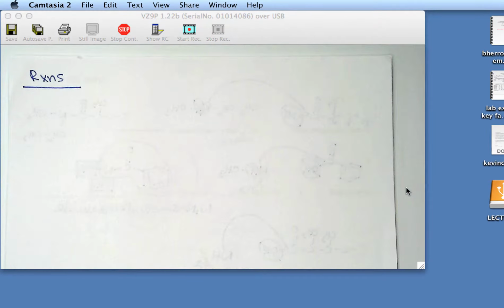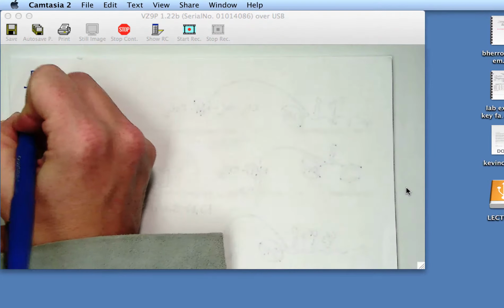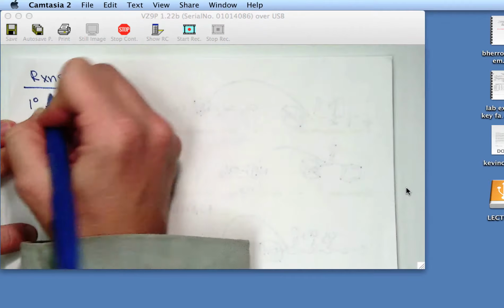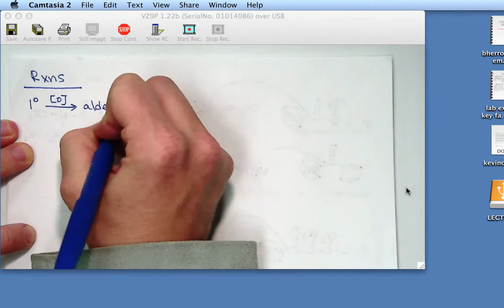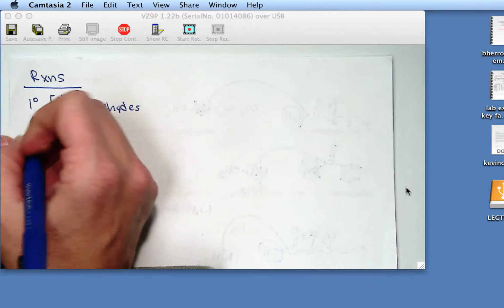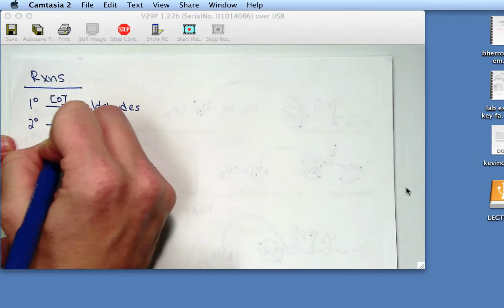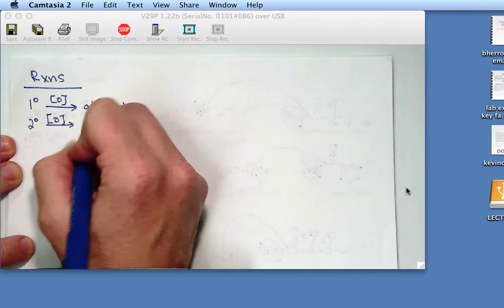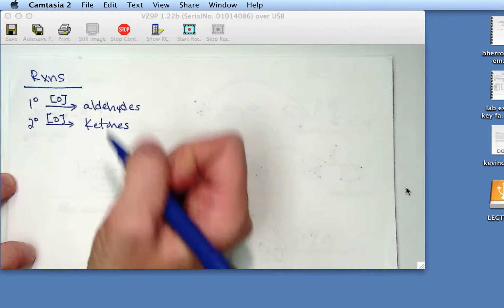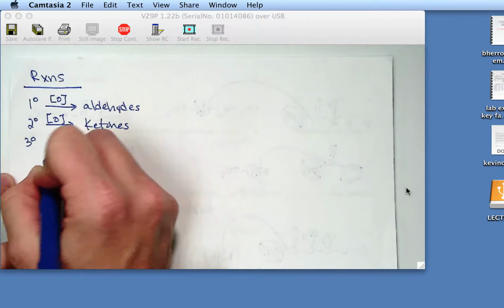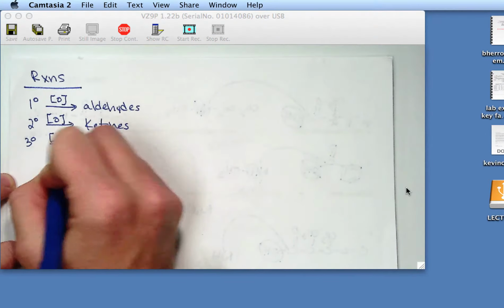Remember we started off Unit 4 with alcohols getting oxidized. So primary alcohols cannot get oxidized to what? Yes, very good. Okay, secondary alcohols get oxidized to what? Ketones. Tertiary alcohols, no reaction.